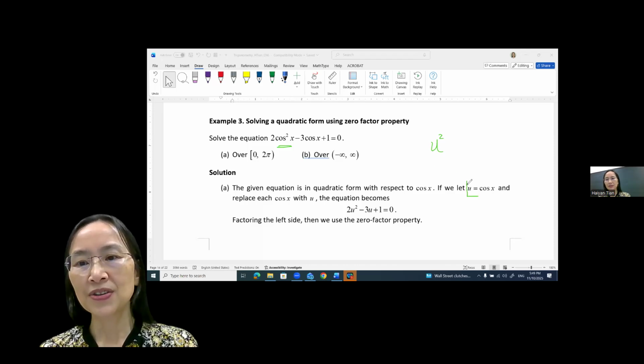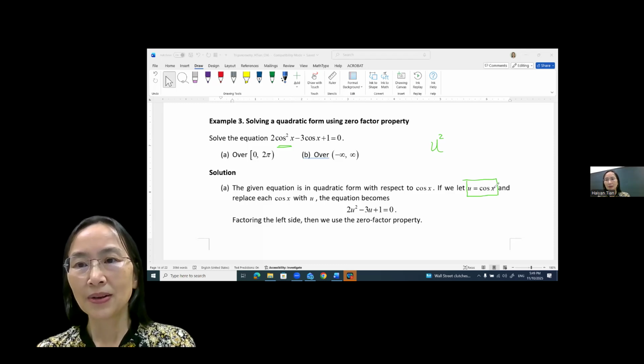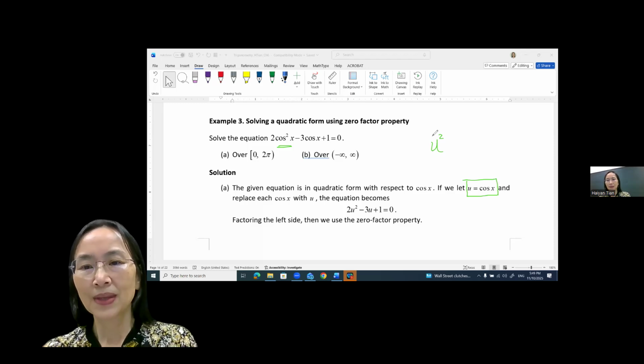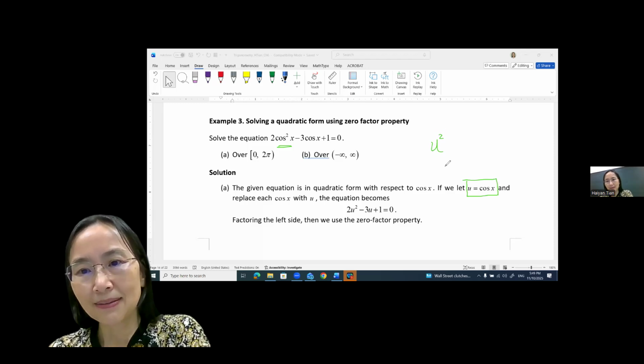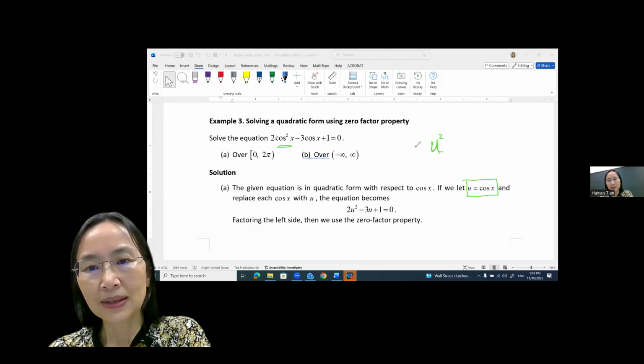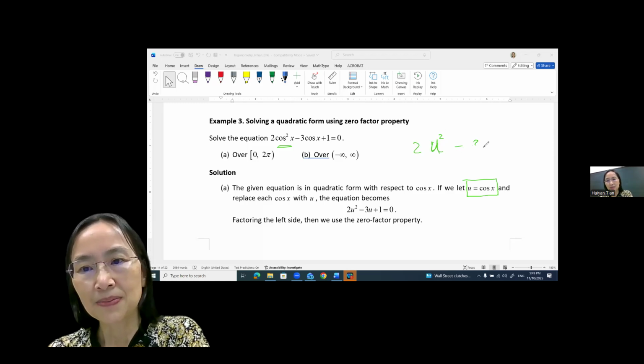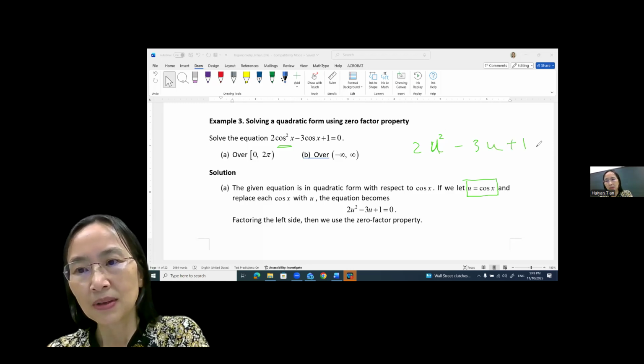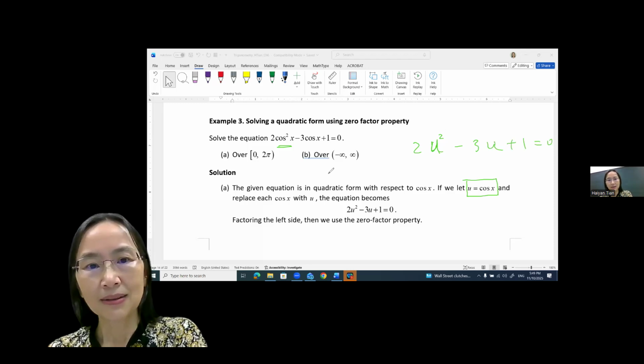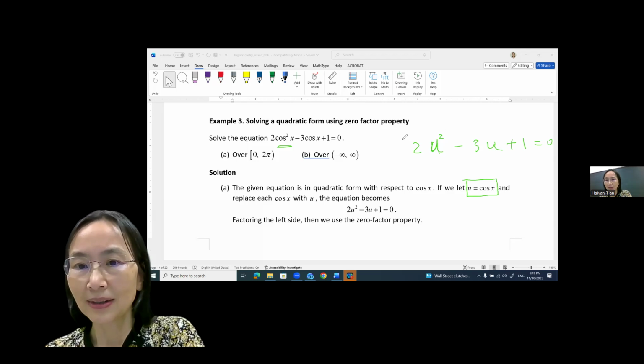So here is what we want to do. We just simply replace cosine x with a single letter u. So you realize that is a variable, right? We call it u, and then your equation becomes an equation of u, and we see that's a quadratic equation of u.